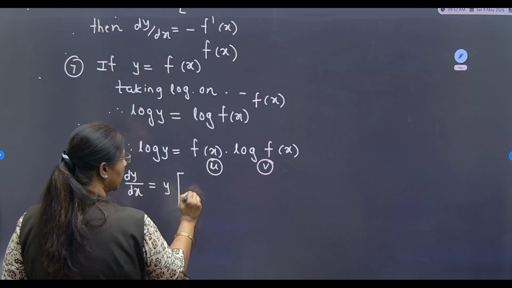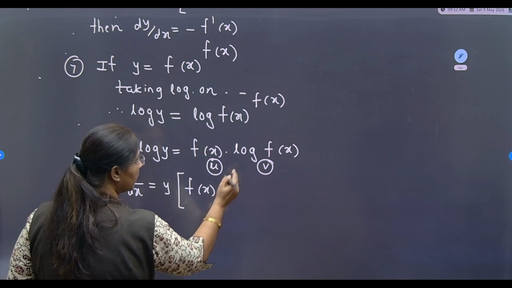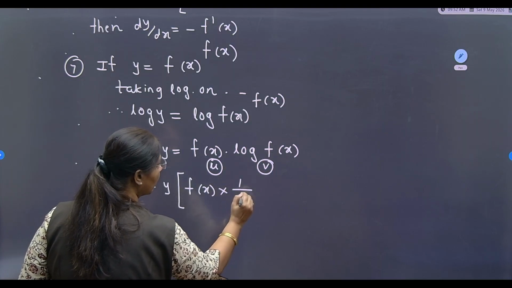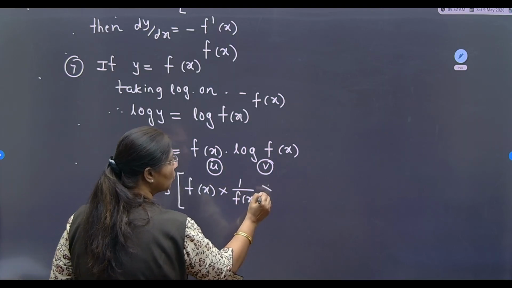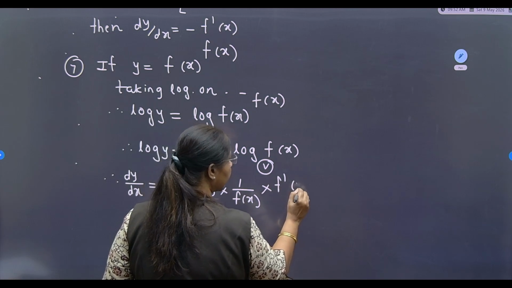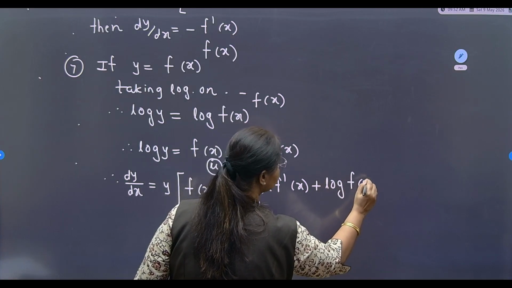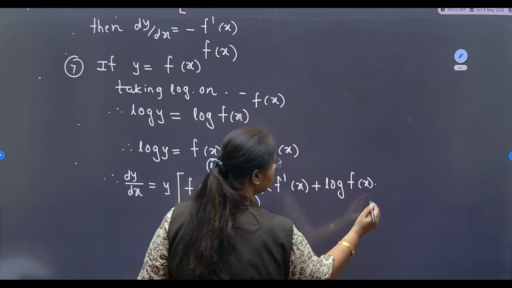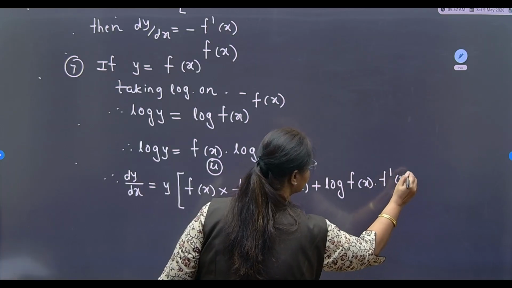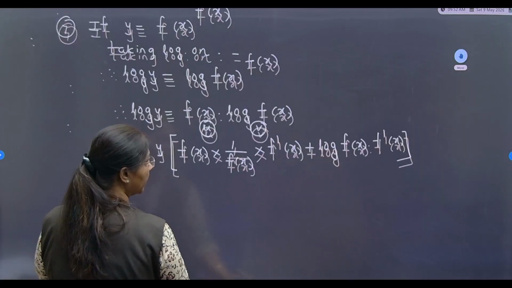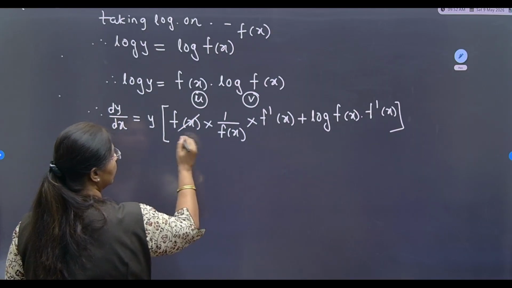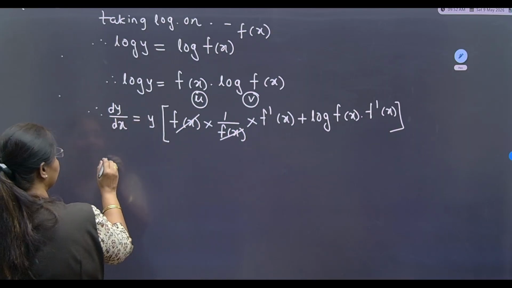Therefore here we get f of x into derivative of log of f of x, 1 upon f of x into derivative of f of x, f dash of x, plus log of f of x as it is into derivative of f of x, f dash of x. Therefore here f of x upon f of x cancel.